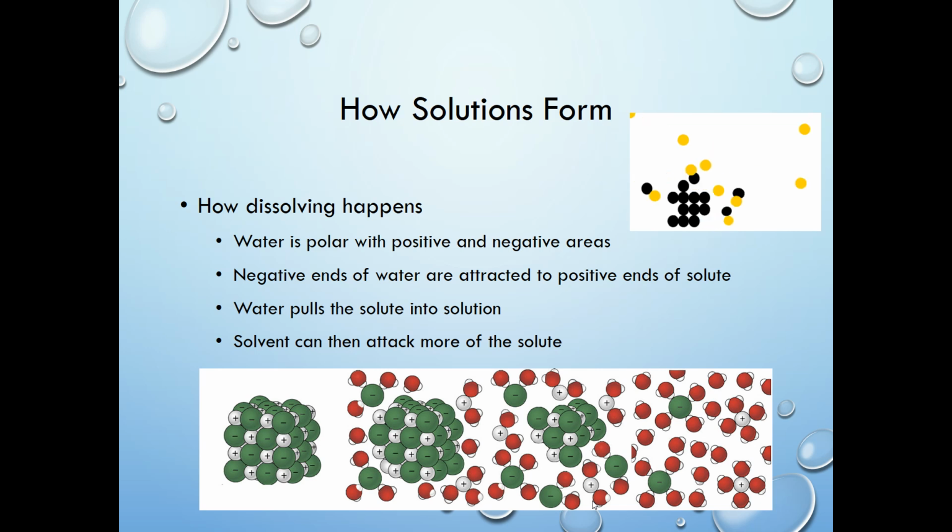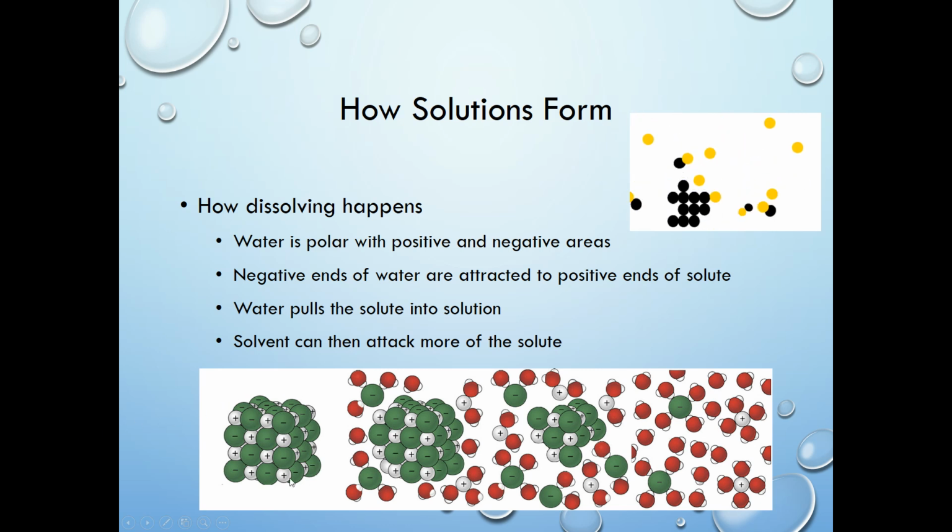The positive hydrogens will be attracted to the negative anions. And so they'll start to pull apart all of the ions in the ionic compound and then surround those ions with water to prevent them from forming back as a solid.